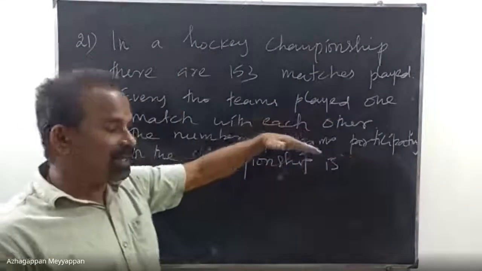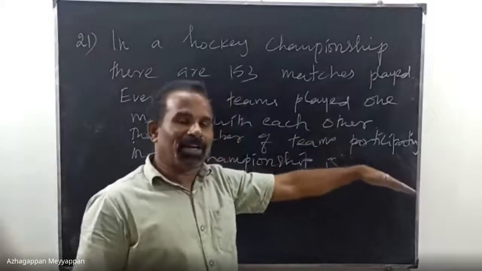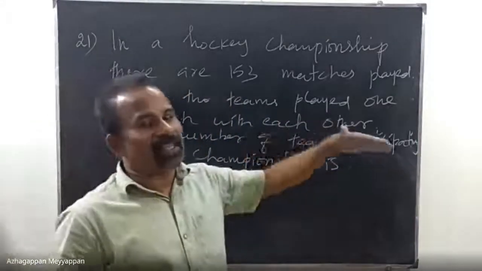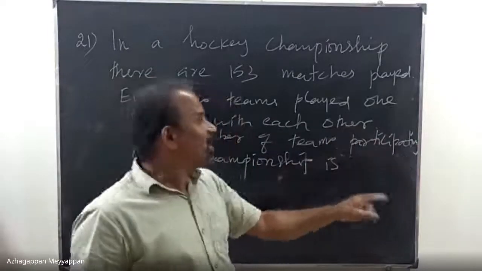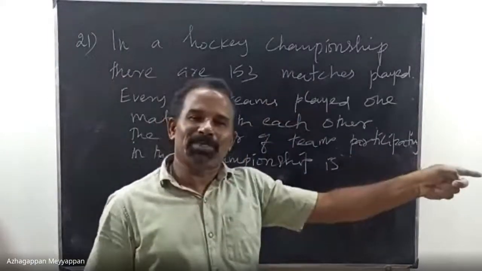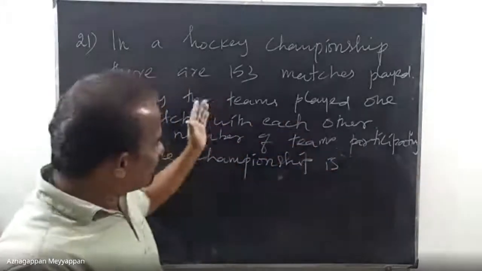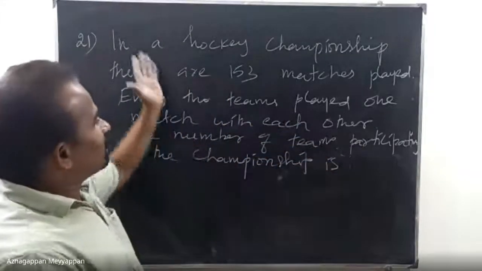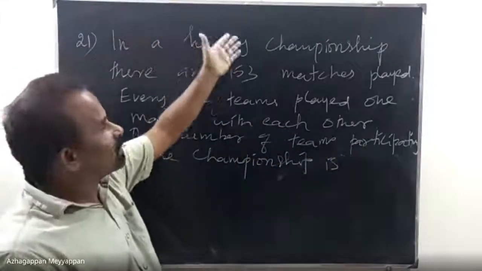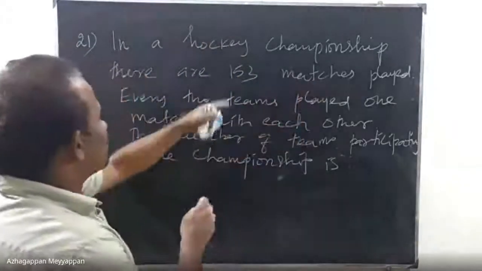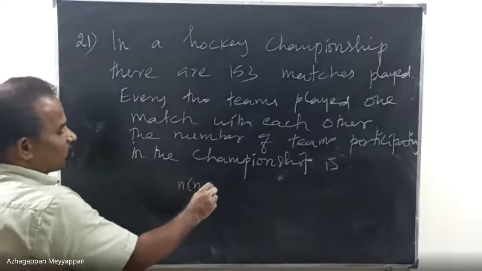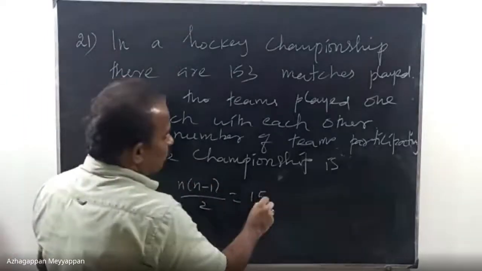There are 10 members in a party, how many handshakes take place? One handshake requires 2 persons. Now, one match requires two teams. The same situation, but here it is a match and there it is a handshake. That is the difference. So therefore, n into n minus 1 divided by 2 is equal to 153.